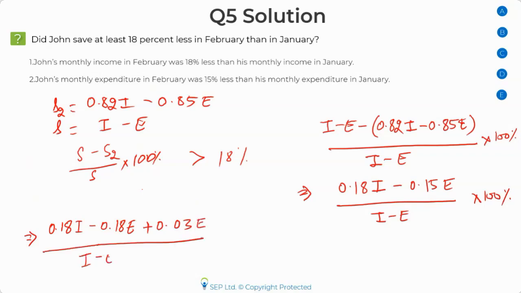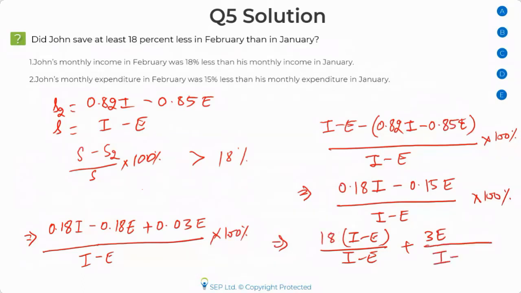For the simple reason that it will help me get I minus E out of the picture, for one case at least. Actually, let me multiply by 100 right away.